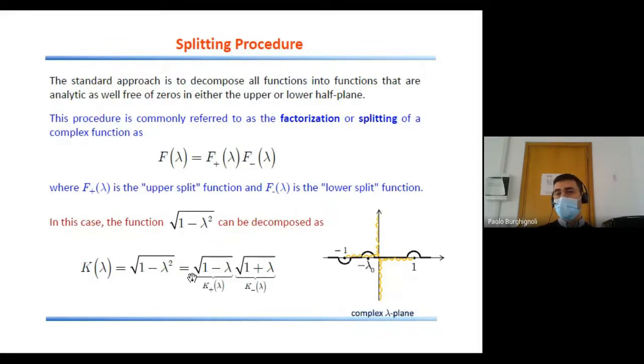Now, the square root of 1 minus lambda turns out to be an upper split function since it's singular at +1, and this means that the other one will be the lower function, whereas this one will be analytic in the upper half plane.